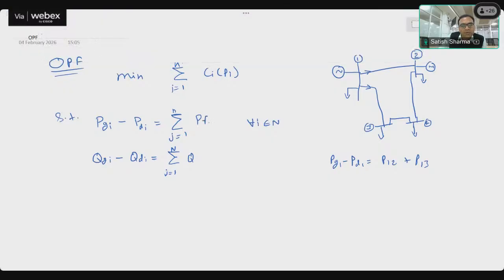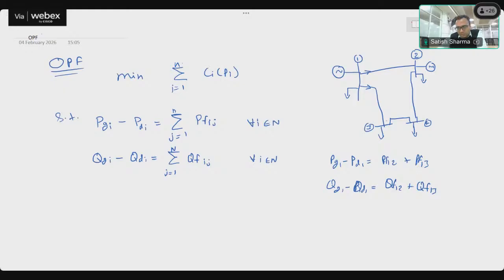So QFij is the reactive power flow between I and J, and I have to write this equation for each and every node in the system. So in this particular one, QG1 minus QD1 will be QF12 plus QF13. So this is for the first node, and similarly you can write it down for another node.